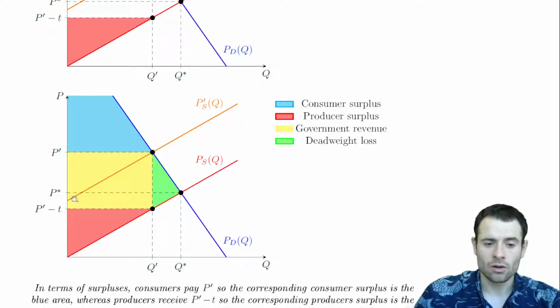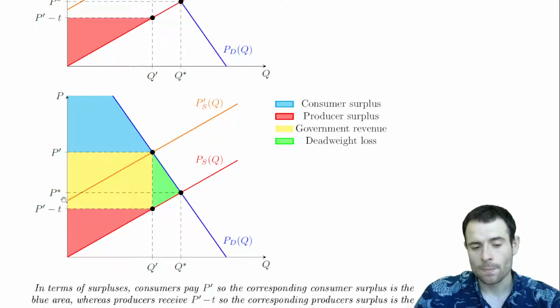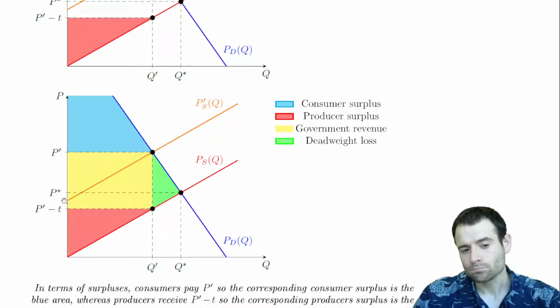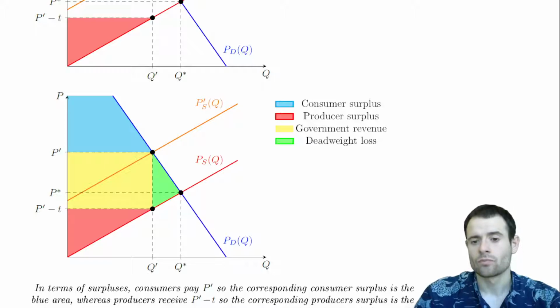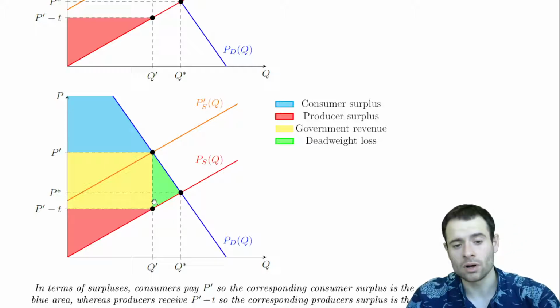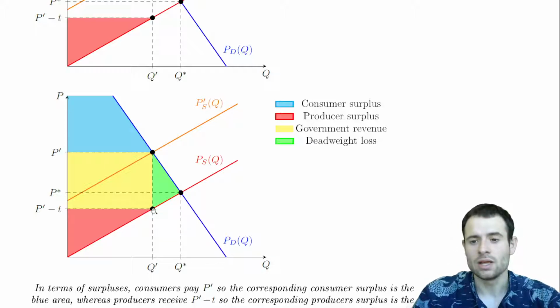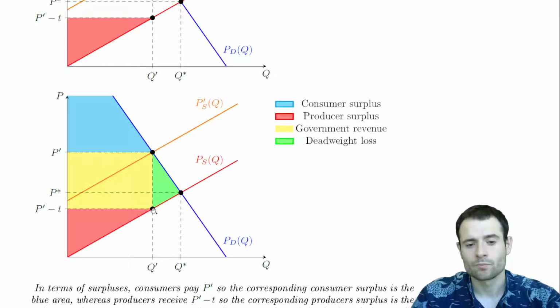The lower rectangle was part of the producer surplus. It is now part of the government revenue as well. And we have one piece of surplus that is not going to anybody anymore. That is going to be the deadweight loss.